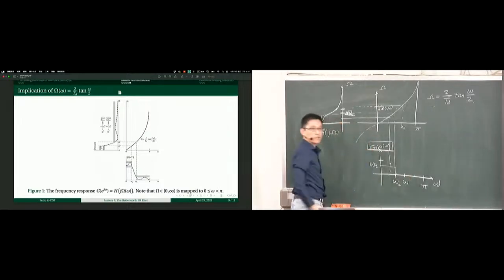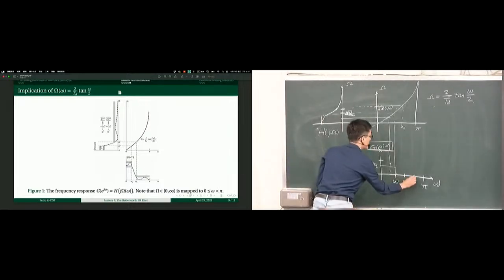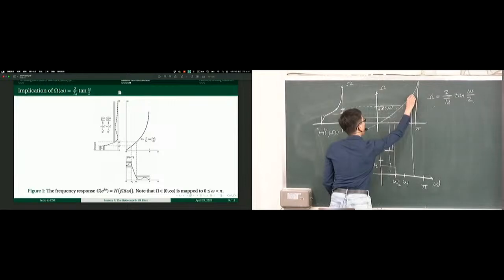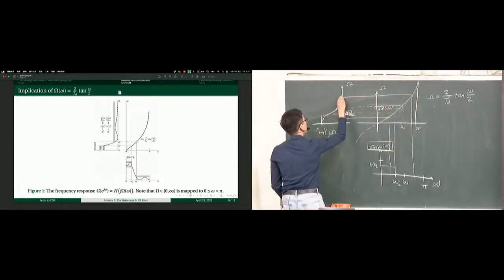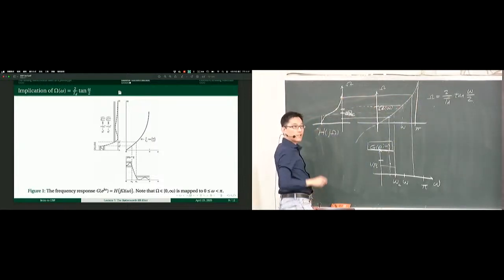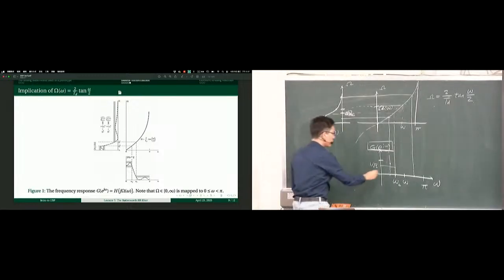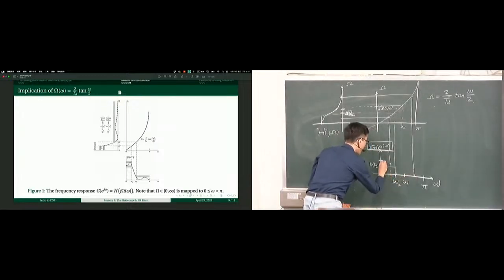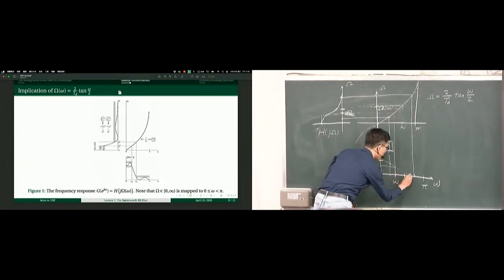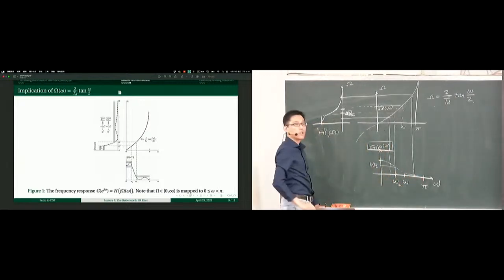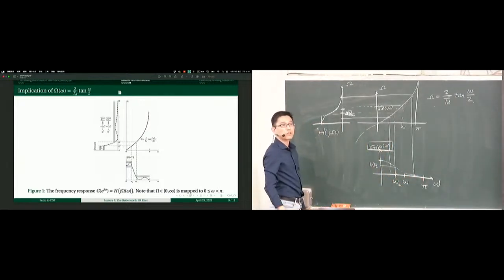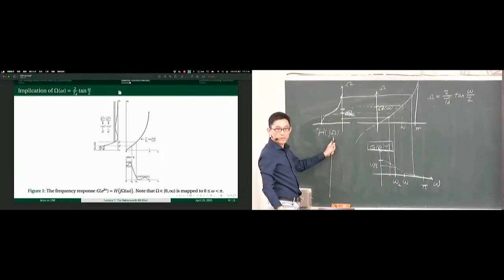How about this frequency? This frequency goes here to the top. That frequency goes here. Oh, the gain is very small. So you can just keep adding more and more points, and you get this frequency response, which will also be monotonically decreasing if your prototype is Butterworth.